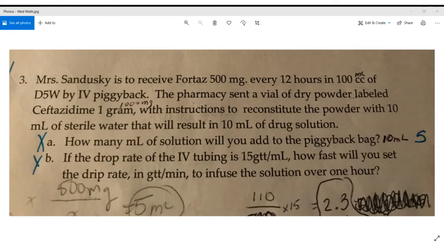The question would like us to solve for how many milliliters of solution we are adding to my piggyback bag. And if the drop rate of the IV tubing is 15 GTT per ml, so macro drip, how fast will you set the drip rate in GTT per minute to infuse the solution over 1 hour?